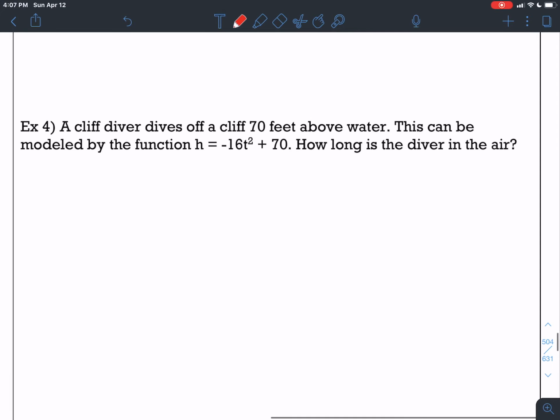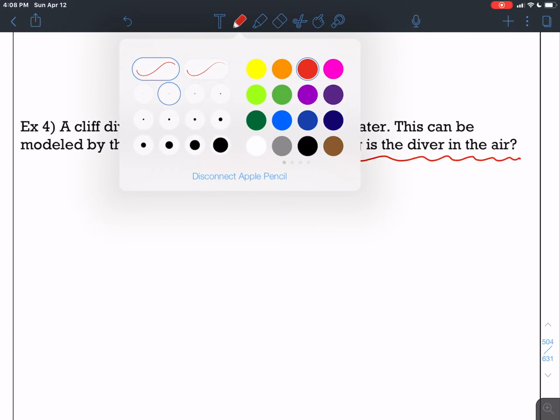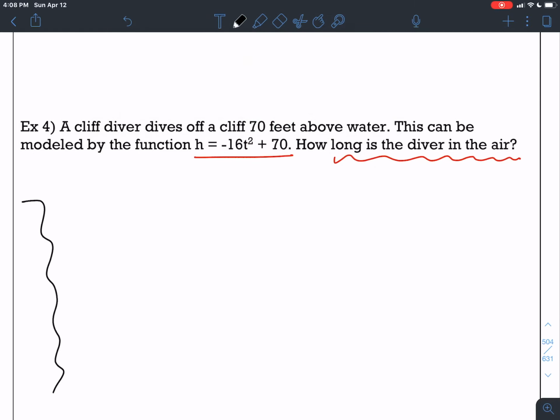Okay. A cliff diver dives off a cliff 70 feet above the water. This can be modeled by this function. How long is the diver in the air? So, let's draw this out. I have a cliff.